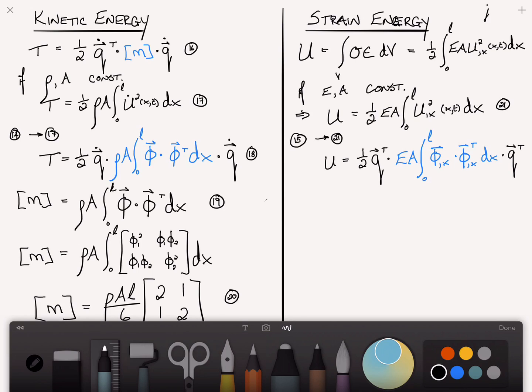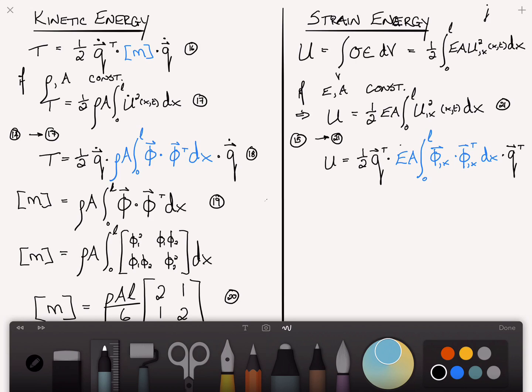Okay, so because the derivative on u here is now not with respect to time, but with respect to x, we take the derivative on phi, which is a function of x, and not the derivative of q, which is a function of time only. If that makes sense. So compare this definition with equation 18, where there's no derivative of phi. In the case of the stiffness matrix, this is how it's written.